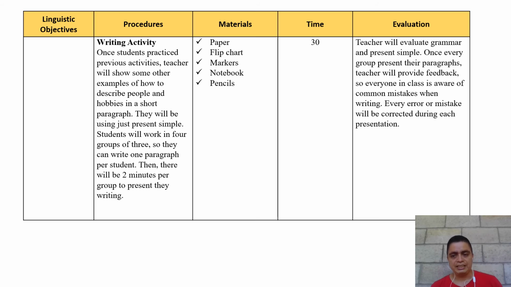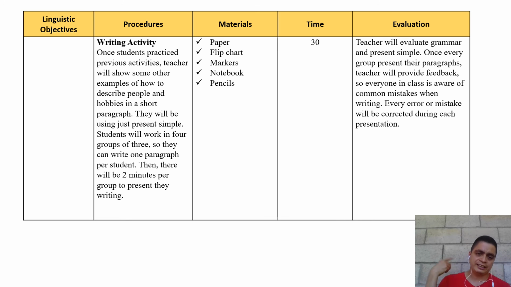So the last activity. Once the students practice, they will be doing some writing. So the teacher will show some other examples of how to describe people and hobbies in short paragraphs.